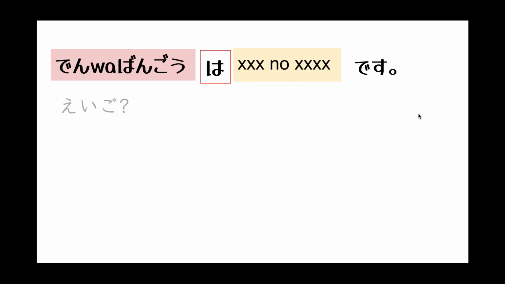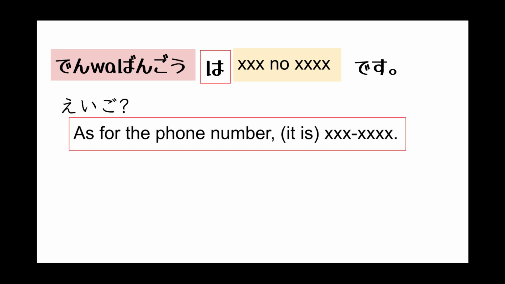Doesn't matter. To translate this sentence into English, that will be, as for the phone number, it is blank. But there's no "it is". It's just the topic is 電話番号, and all you're saying is the number is blank.